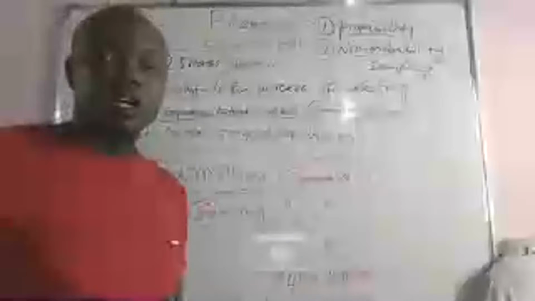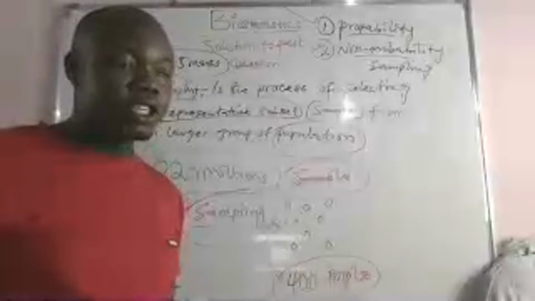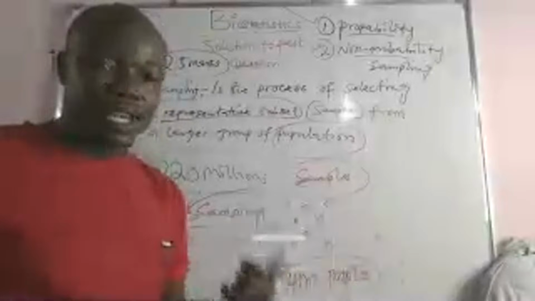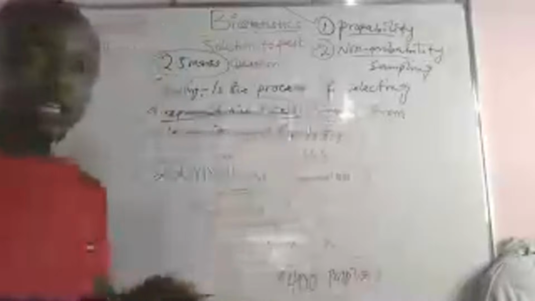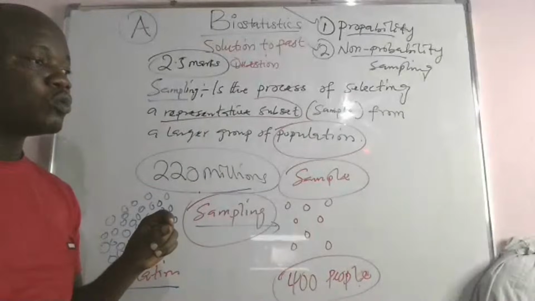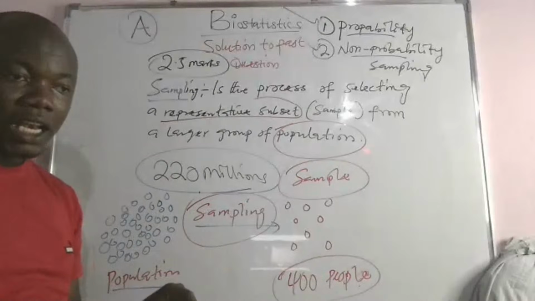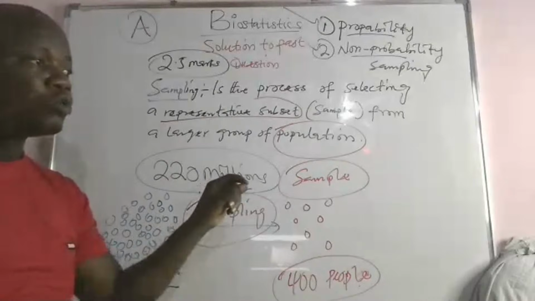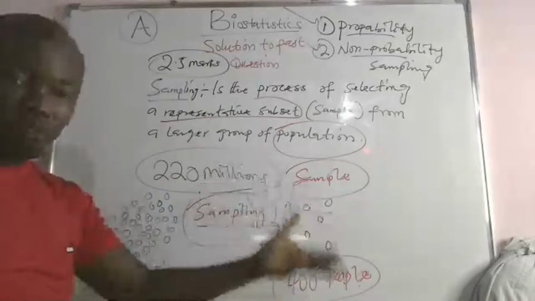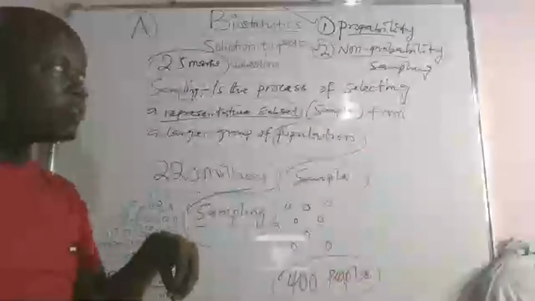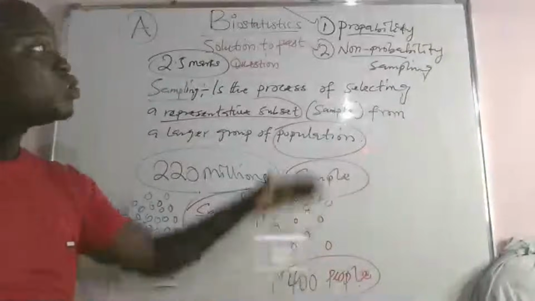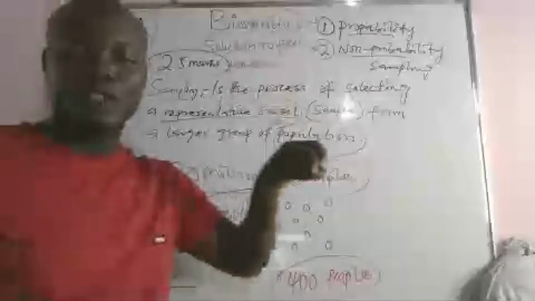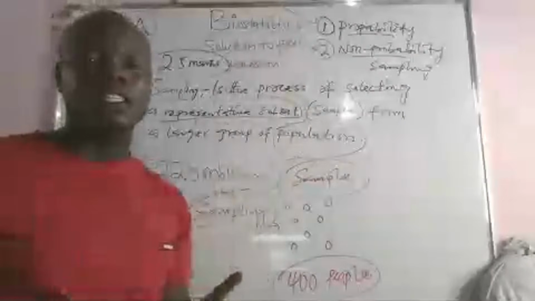For example, when you come to the population and you want to select the individuals you are going to work with, you want to work with a male, or with an old man. It means you already have a choice, so there is a bias. This is the difference between probability and non-probability sampling.